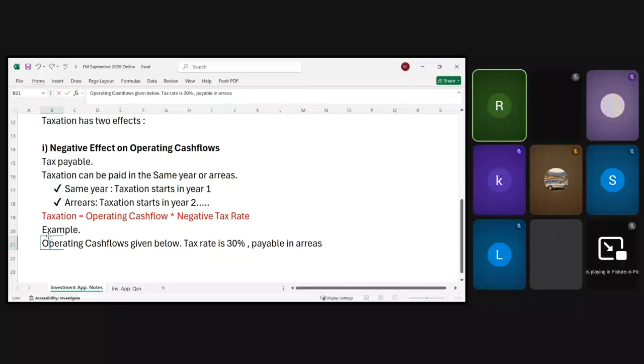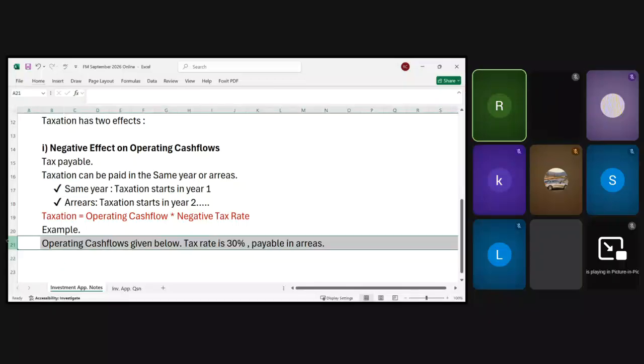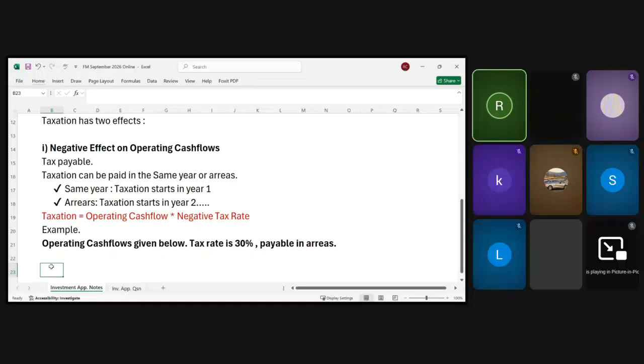That is what we need to extract from any question: identify our operating cash flows, tax rate, and timing, because timing is very important. Let's have year 0, 1, 2, 3, 4.